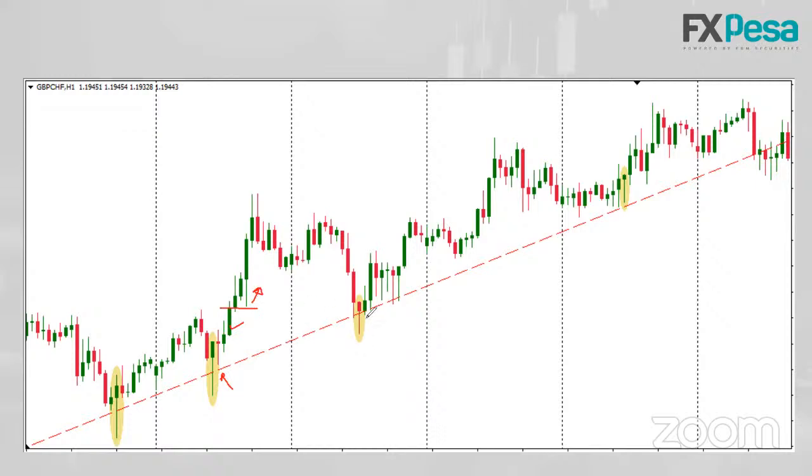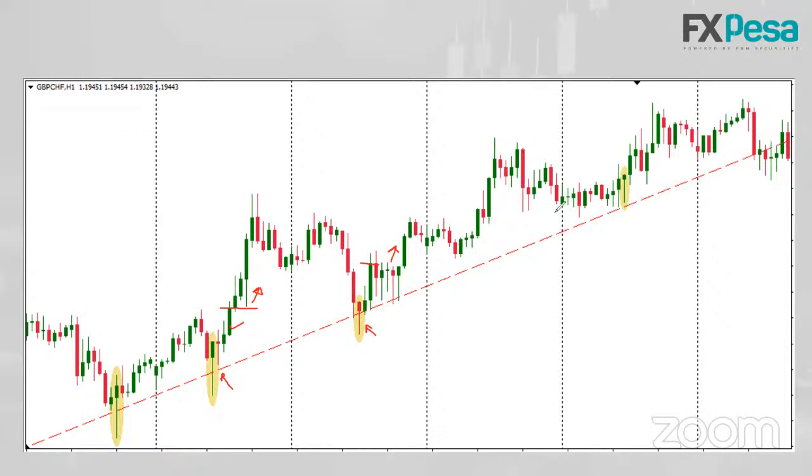The second scenario, we have that pin bar. Then after the confirmation candlestick, which is the next candlestick, which actually confirms the upward momentum, you can see there was a strong rally to the upside. So traders would set their buy positions at that point, set their stop losses on the lower side, targeting the peak of the market.